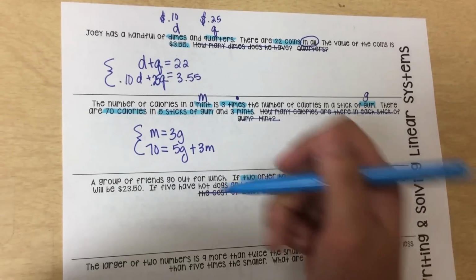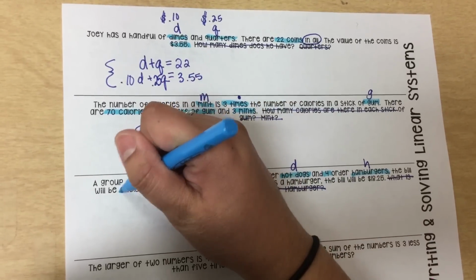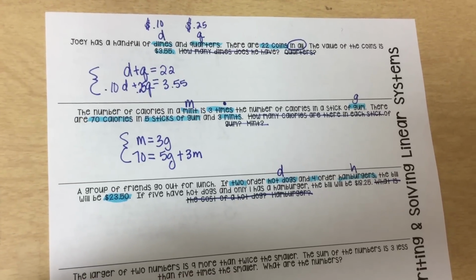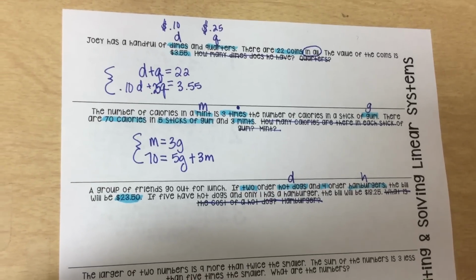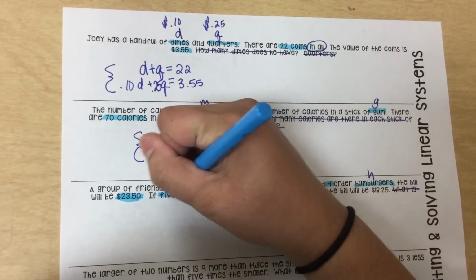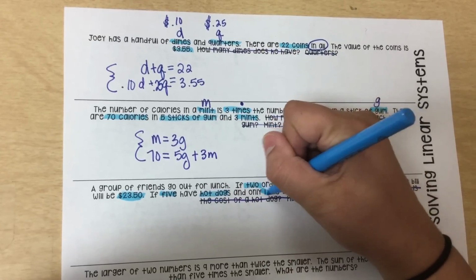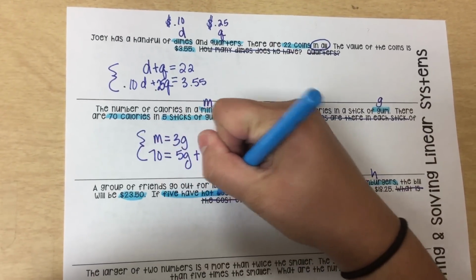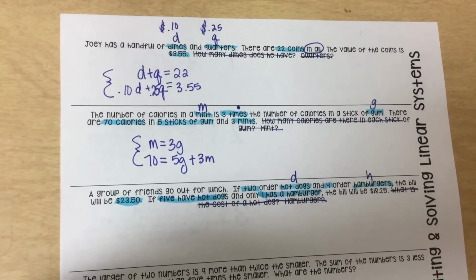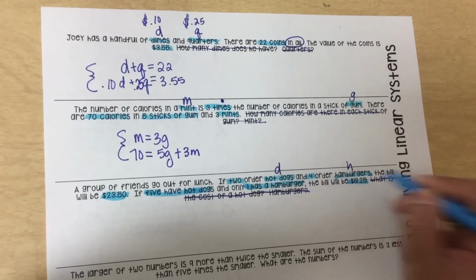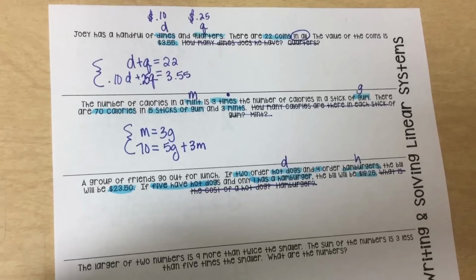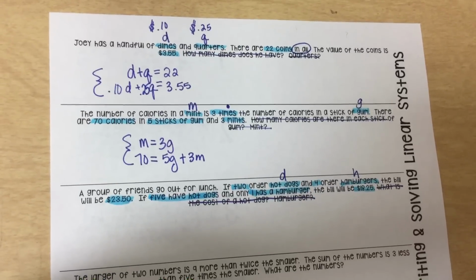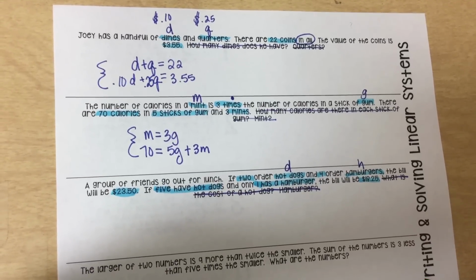The bill will be $23.50. If 5 have hot dogs and only 1 has a hamburger, the bill will be $18.25. Okay, so everything that we need to know is highlighted or circled.